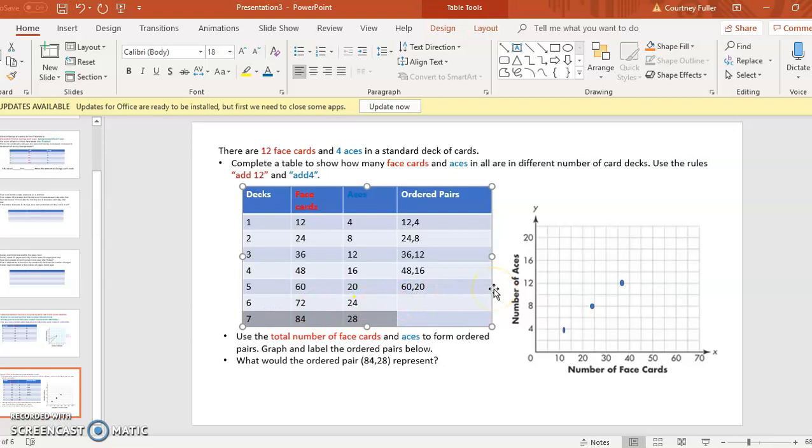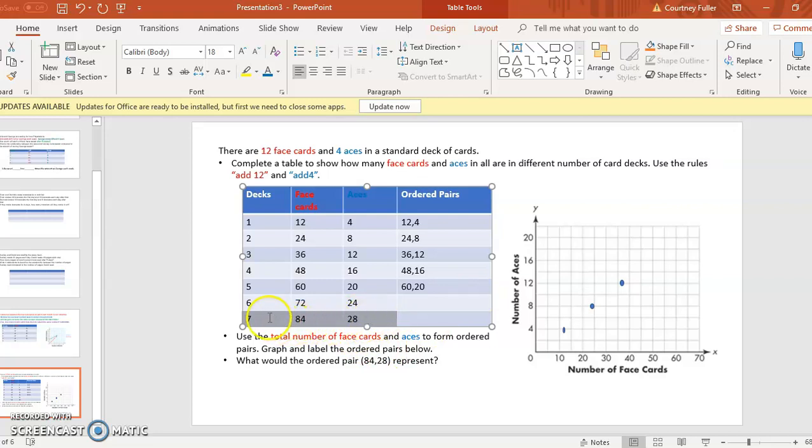Your test might not require you to generate it all the way to there. If it doesn't require you to generate it all the way to that point, I suggest that you go back to that table and you generate it until it gets to that point. So we generated our pattern all the way until 84, 28.